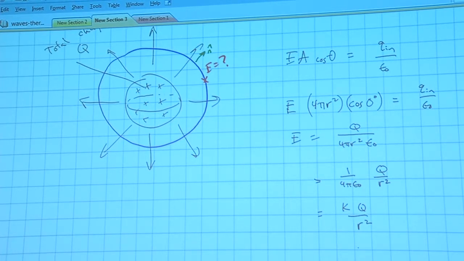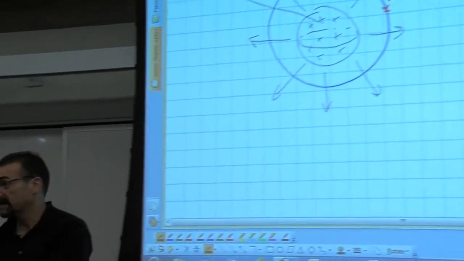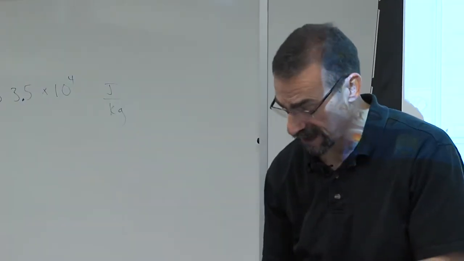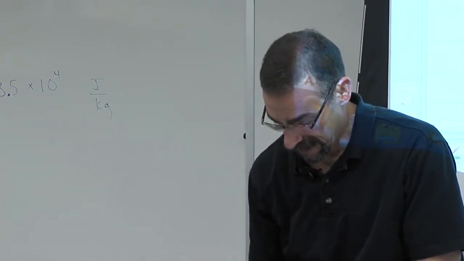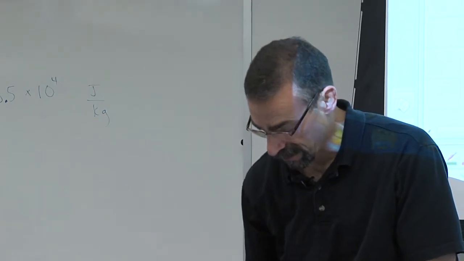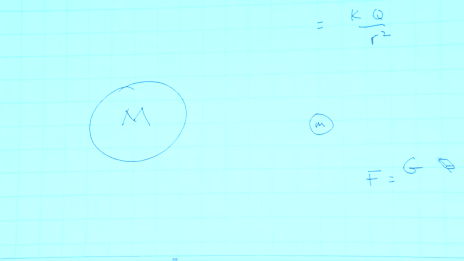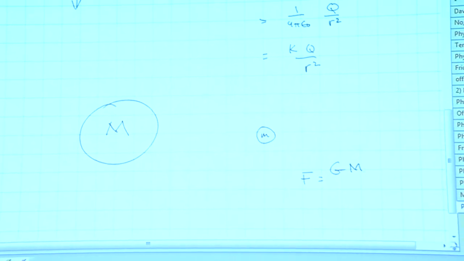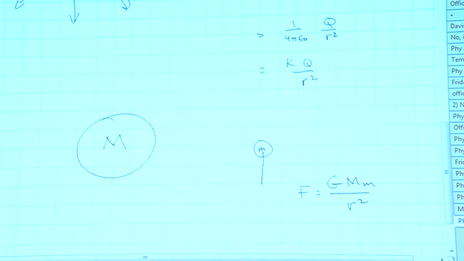So if we have a spherically symmetric charge distribution, we can just put the whole thing at the center. That's what we did with mass, right? We said the same thing with mass. We had a planet, maybe, capital M, and some other mass out here, little m. And what did we use for the force of gravity between the two of them? What was that r? It was the center.